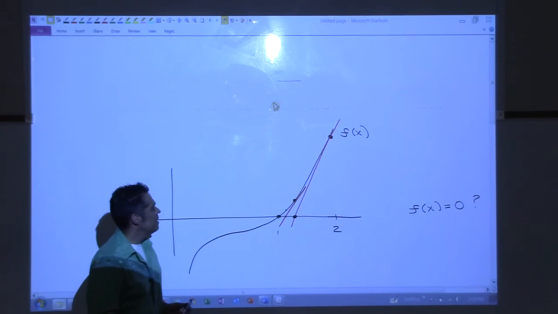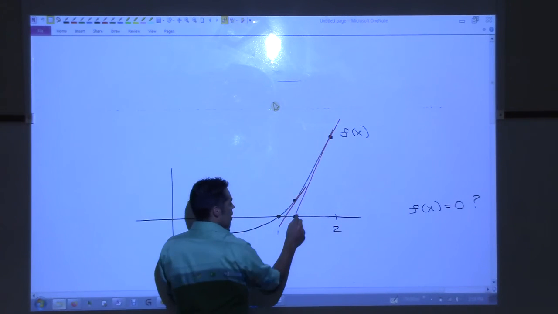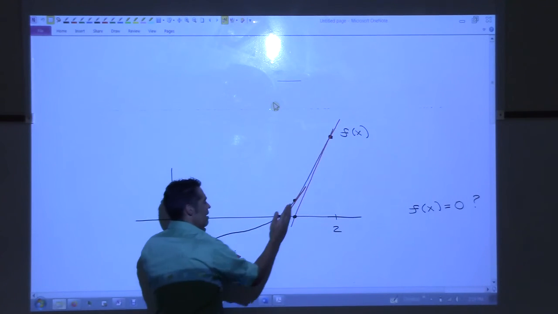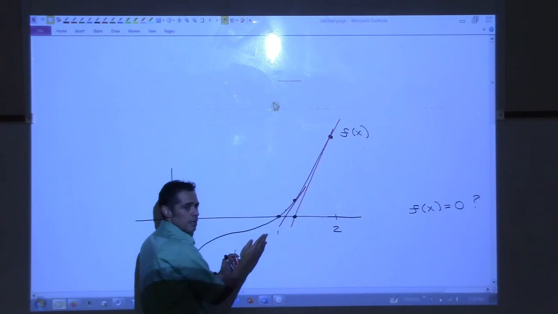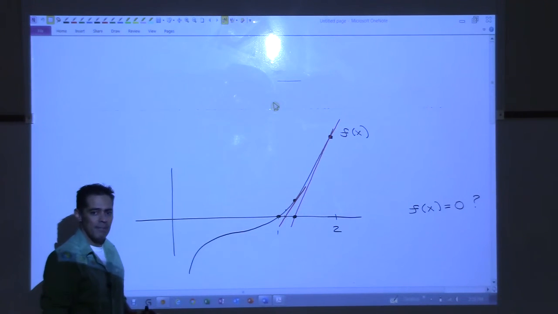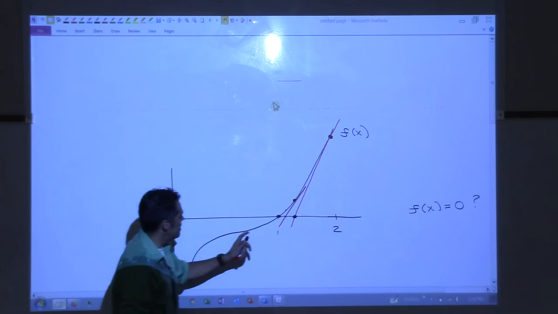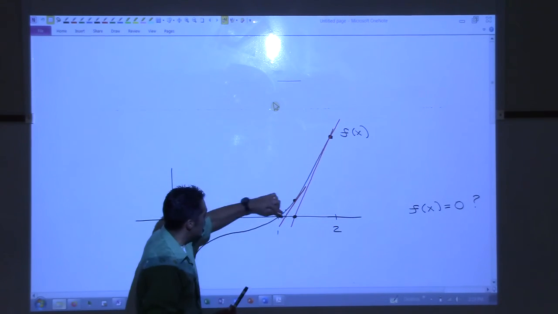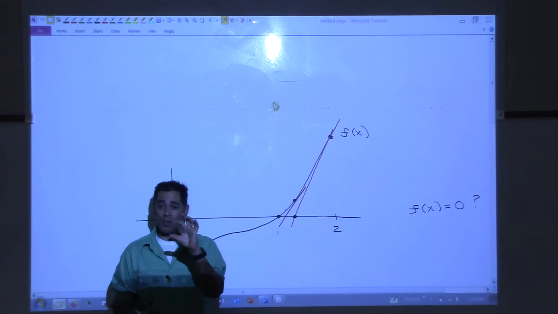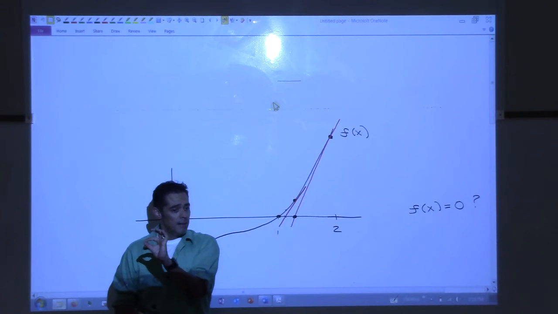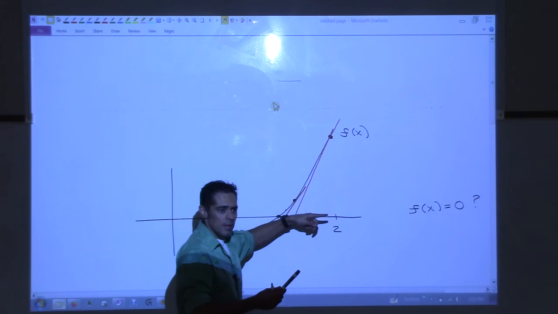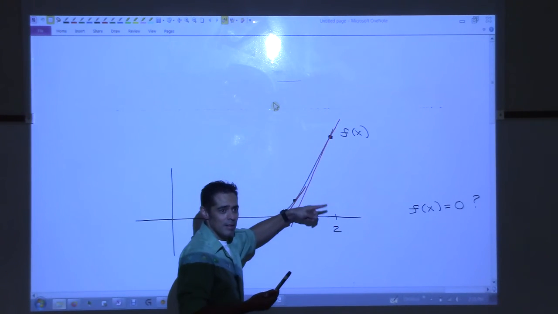What's happening is that these tangent lines, where they hit the x-axis, are rapidly approaching the solution. Now, will I ever get there? As I continue this procedure over and over, my outputs are going to get smaller and smaller, and they're going to start to approach 0, basically. So I'll run this like an algorithm, like a do loop, on a computer.